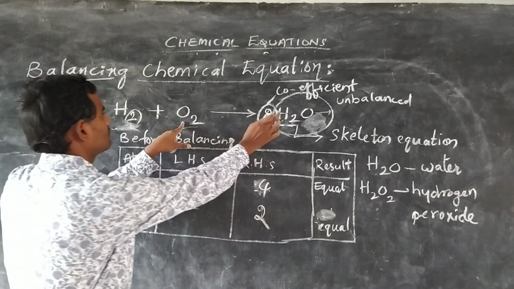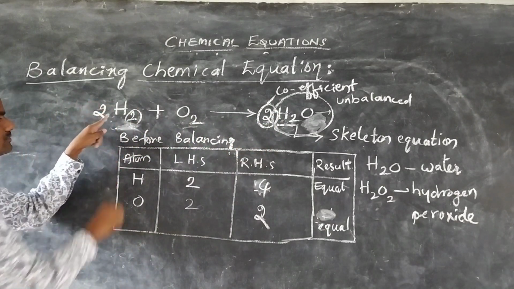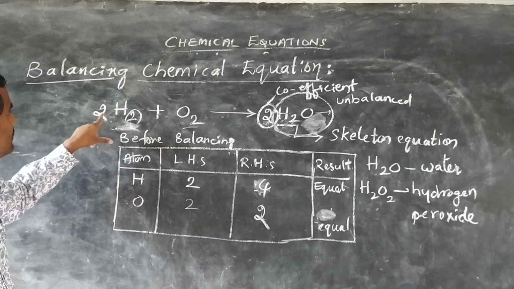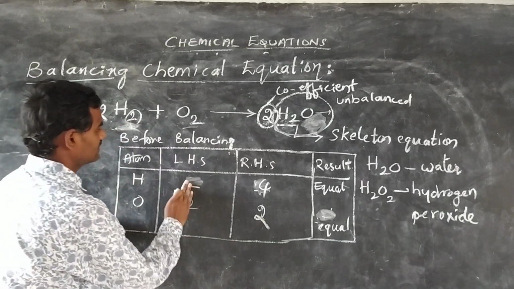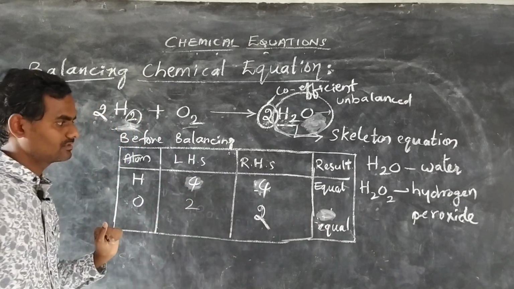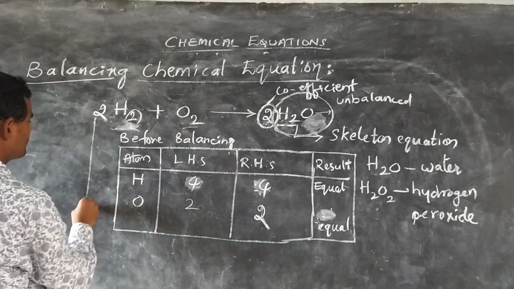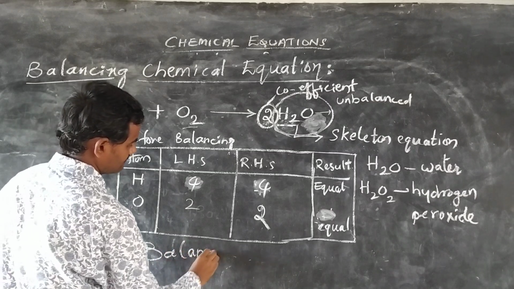Here what we have to do is balance the hydrogens on the left hand side also by keeping 2 here, before hydrogen. Now the hydrogen atoms on the left hand side also become 4. Now the equation is balanced. So this equation is called a balanced equation.